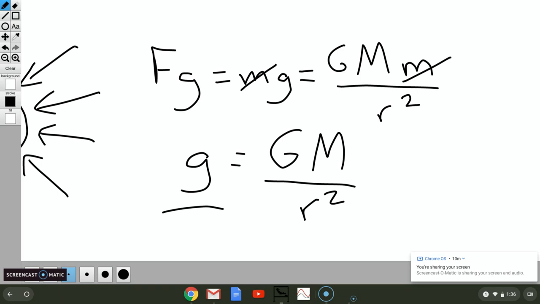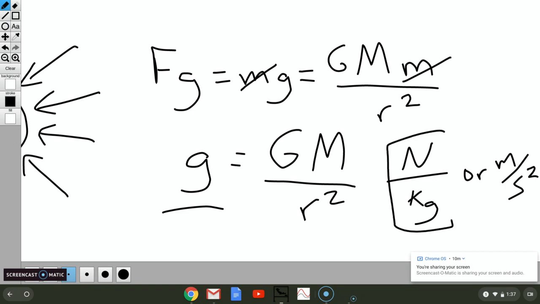This is what we call gravitational field strength. And the units we get on this are newtons per kilogram or meters per second squared. And so it really depends on context. If we're talking about gravitational field strength, we use these units, the newtons per kilogram. If we're talking about the acceleration of gravity, then we use these units. They are the exact same thing.